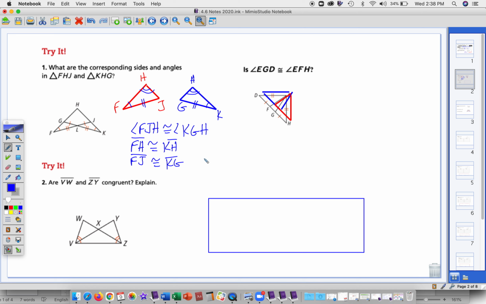And finally, what am I missing here? Oh, I can say that HJ is congruent to HG.